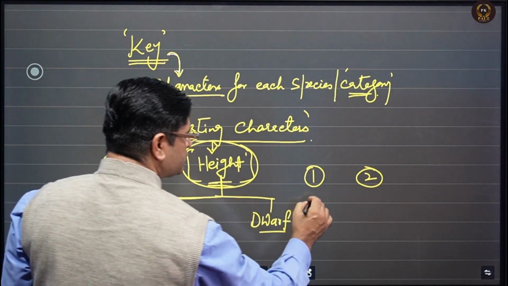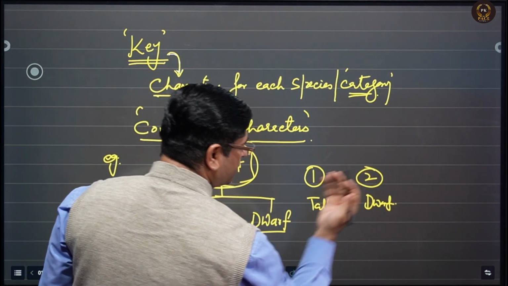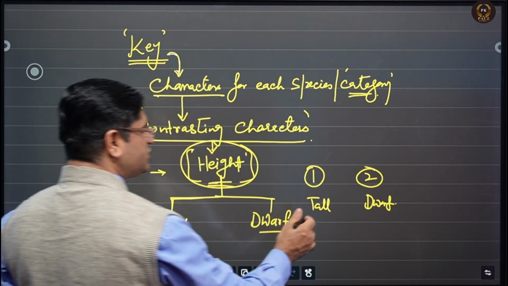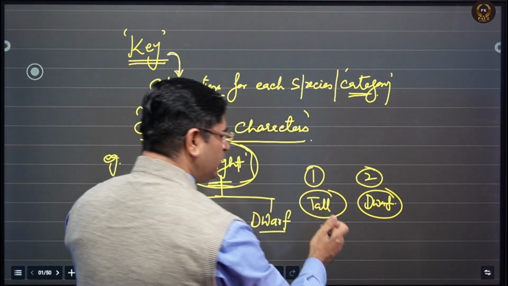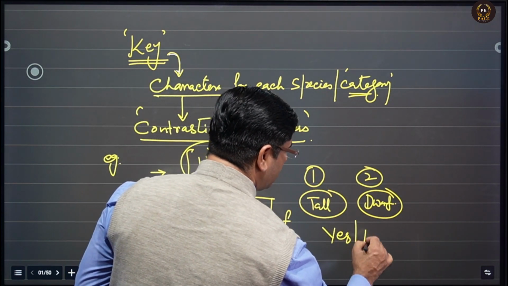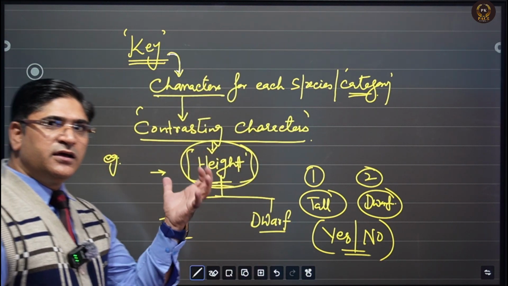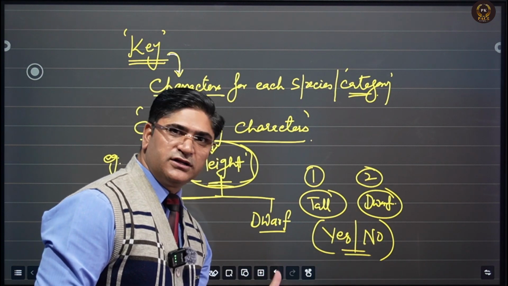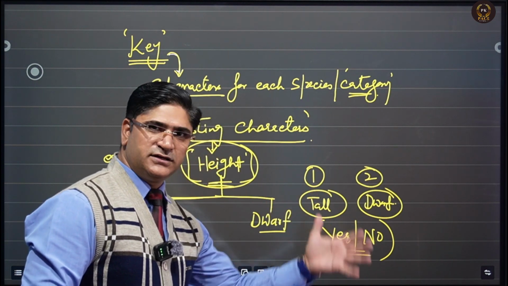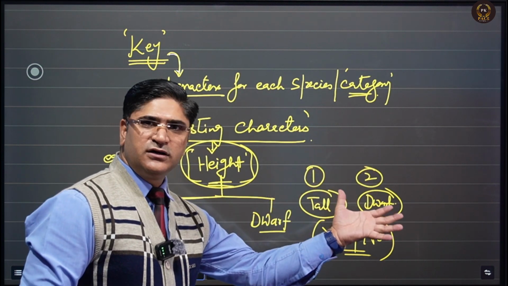So one species will be tall and the other will be dwarf. It is a situation like giving the character in a yes or no form. The taxonomist has to choose only one of the two: either yes or no, either black or white, either red or white, either tall or dwarf.